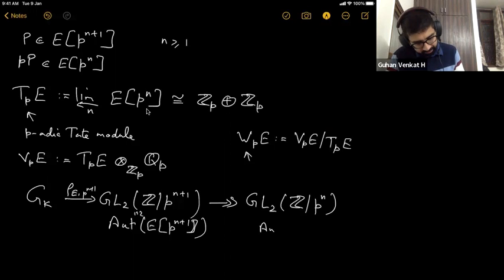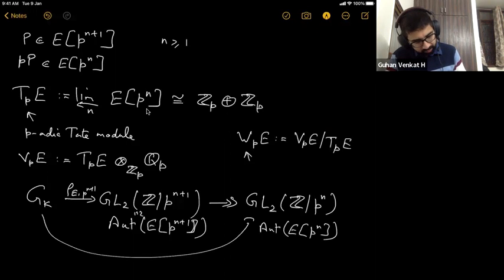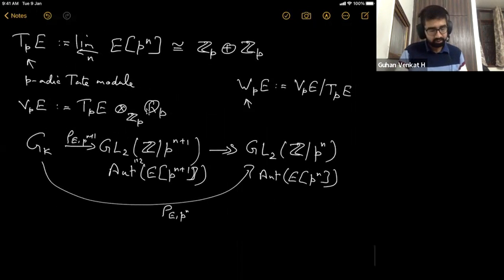So this again is the automorphisms of the p^n torsion points. And the composition is again the representation afforded by the p^n torsion points. So the canonical surjections are compatible with the Galois action on various p-power torsion points.